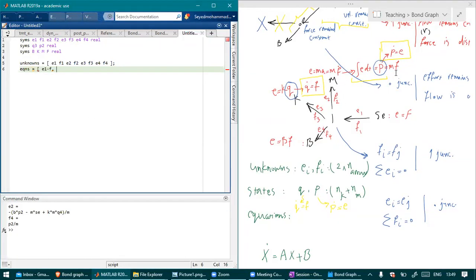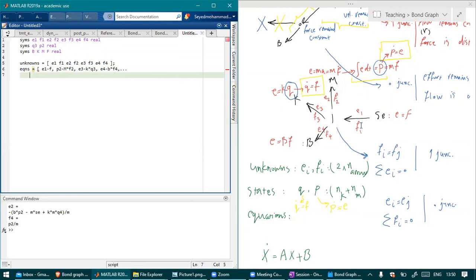Then for M, we have P equal to MF, so it's basically P2 minus M multiplied by F2. Then for K, we have E equal to KQ: E3 minus K multiplied by Q3. Then for B, E equal to BF: E4 minus B multiplied by F4. These are the equations for the elements.